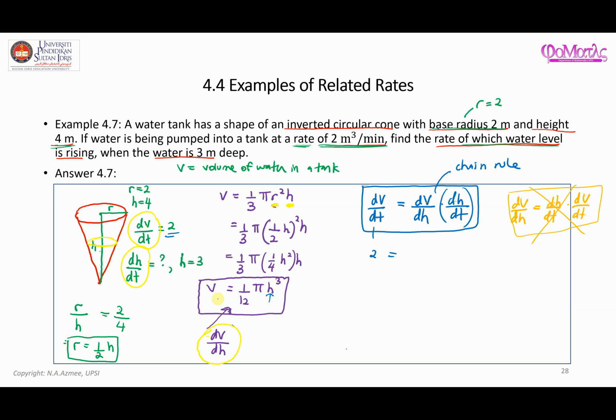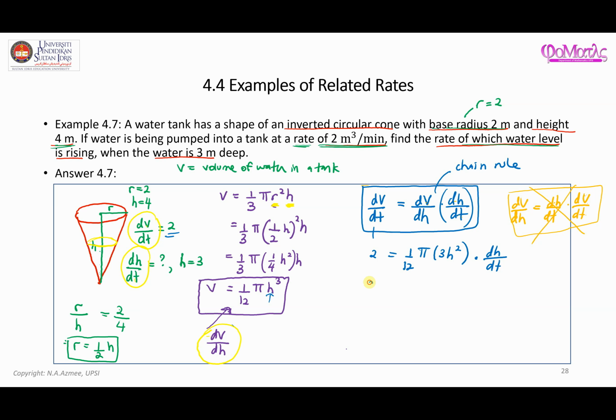For dv/dh, I'm going to differentiate this with respect to h. So this will be 1/12 pi times 3h squared. This is what I get if I differentiate that with respect to h. And then h is a function, like I said. If you differentiate that, you will just get dh/dt, so just leave it as it is, dh/dt.